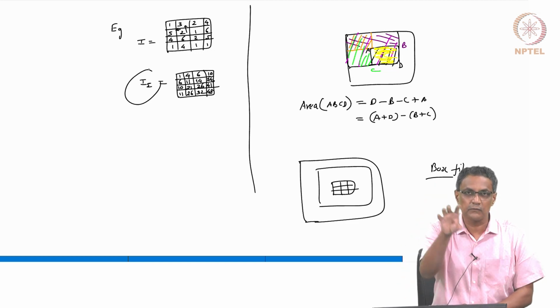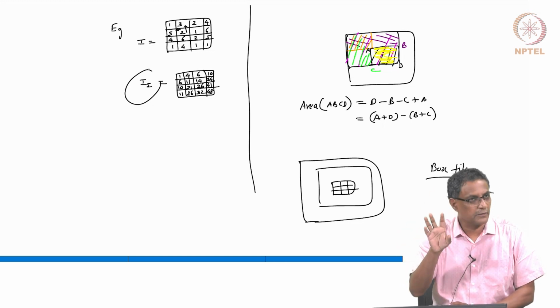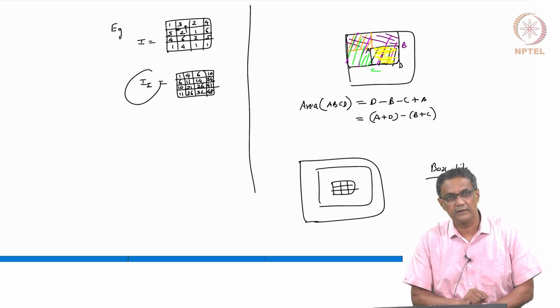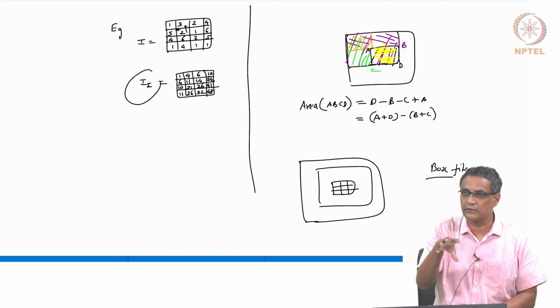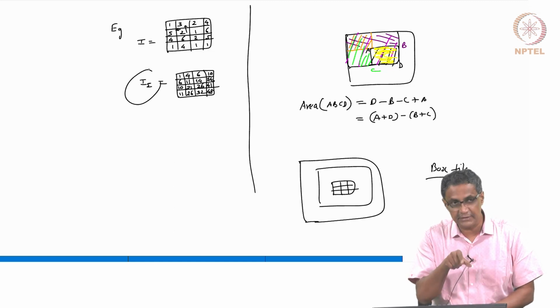I can take a kernel and move it all over, whether it is a Gaussian or any other kernel. But should we be doing this when we have a box filter? It looks like a very inefficient way to do it, because moving it all around is simply equivalent to adding up the elements under it, and I sigma is actually doing that.